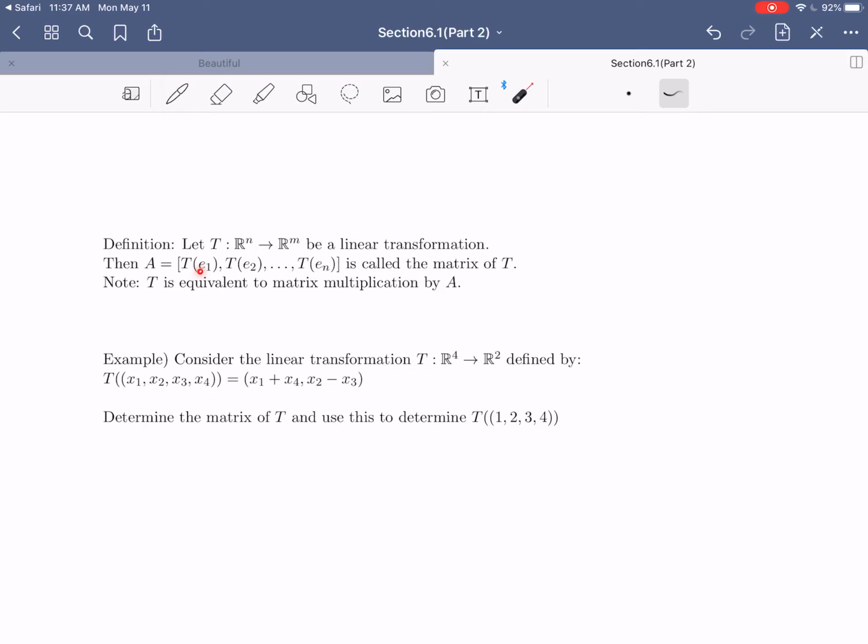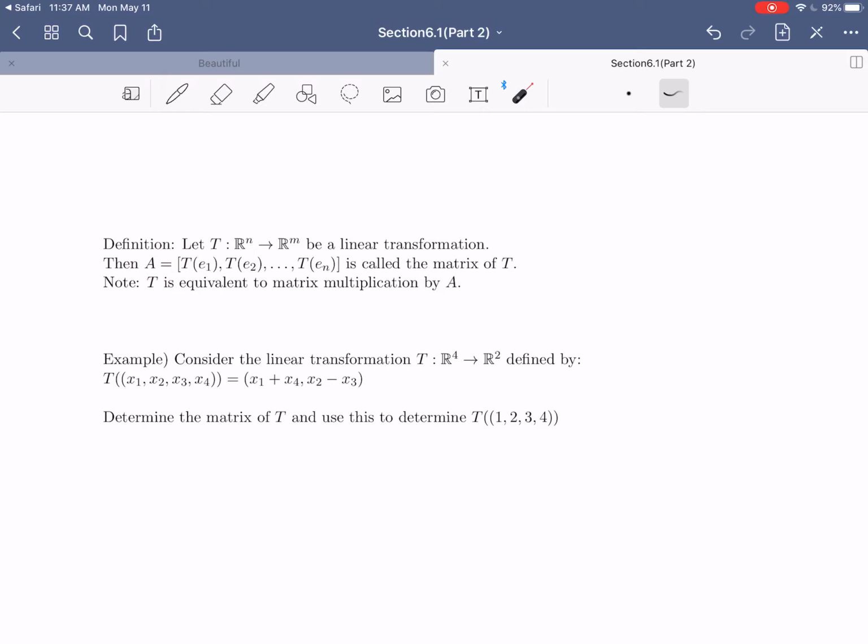Remember, e1 would be 1 and then all zeros, e2 would be 0, 1, and then all zeros, and en would be all zeros until a 1 in the last position. If you apply your transformation to every one of those elementary column vectors and use those as the columns, then that matrix that you create is called the matrix of T.